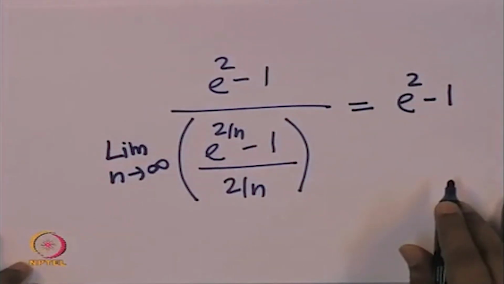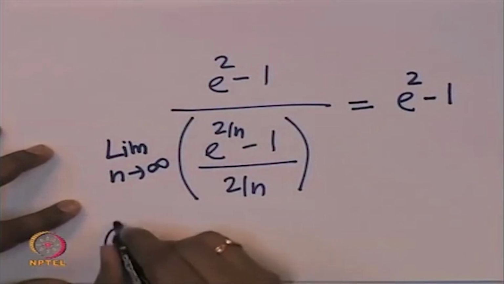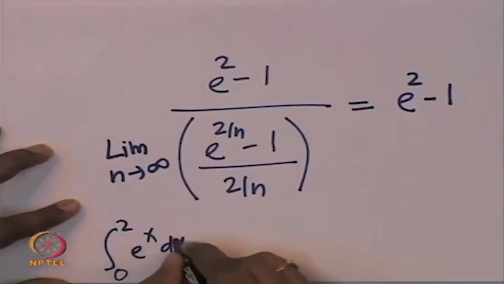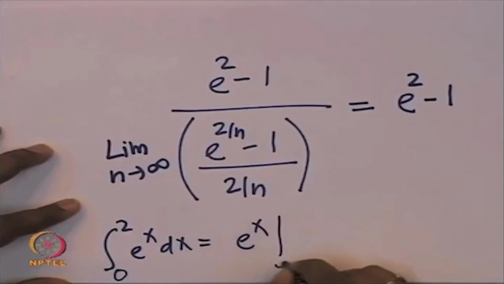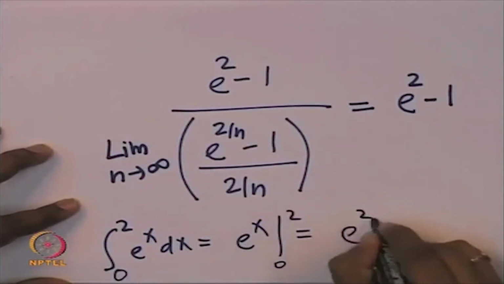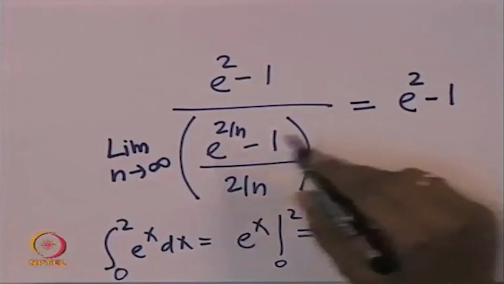We saw previously that the integral from 0 to 2 of e power x dx is nothing but e power x from 0 to 2, which is e square minus 1. So we got the same answer by doing a sum.